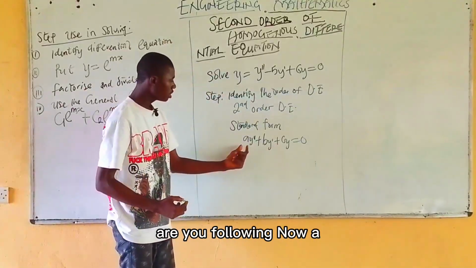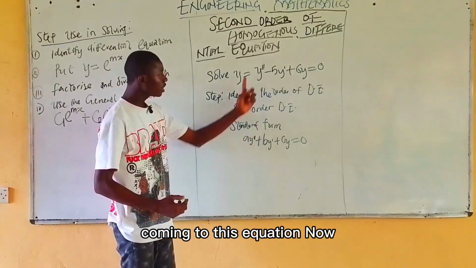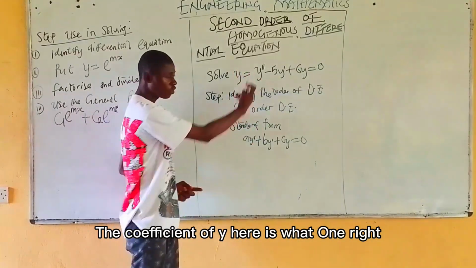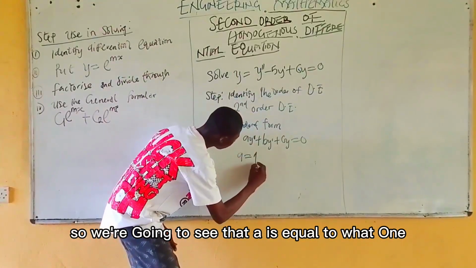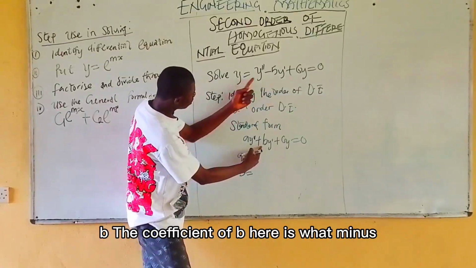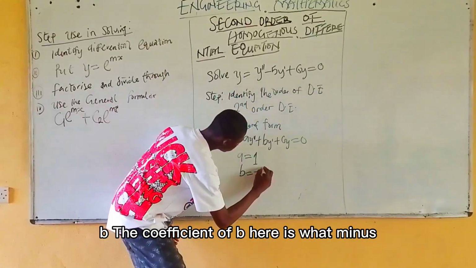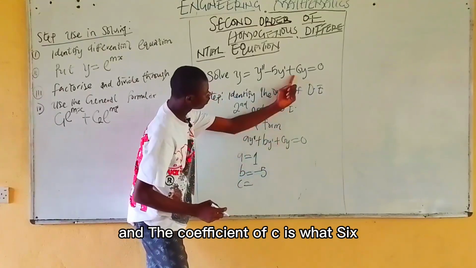Are you following now? Coming to this equation, the coefficient of y'' here is 1, so a = 1. The coefficient of y' is b = -5, and the coefficient of y is c = 6.